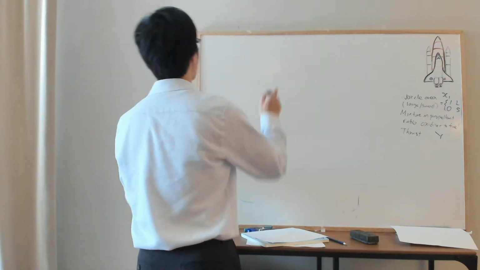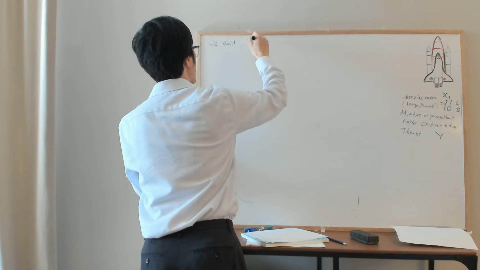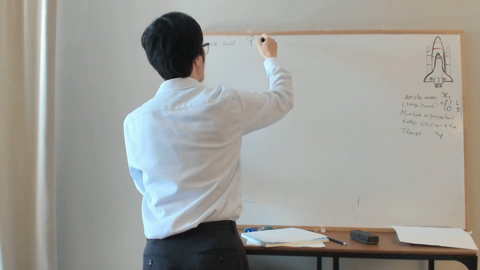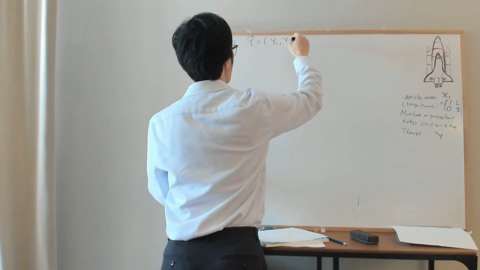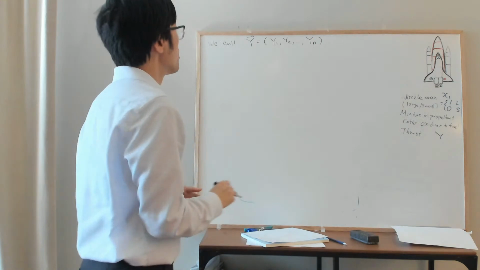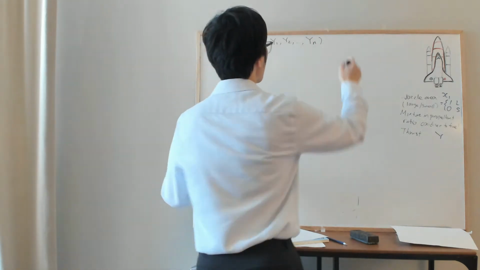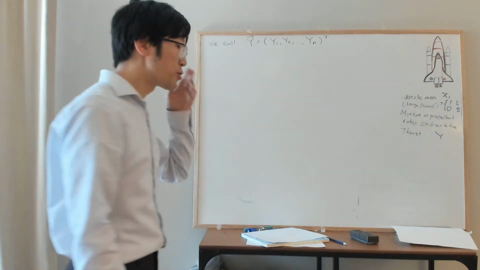I'm going to write y in row form: y1 to yn, with a transpose.